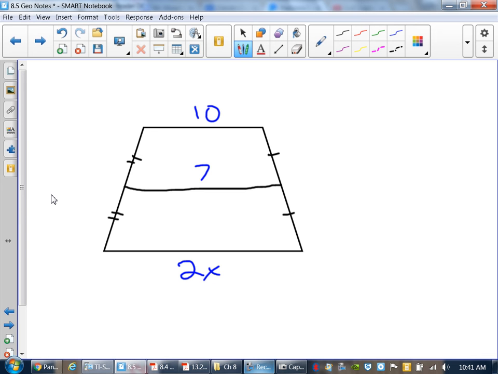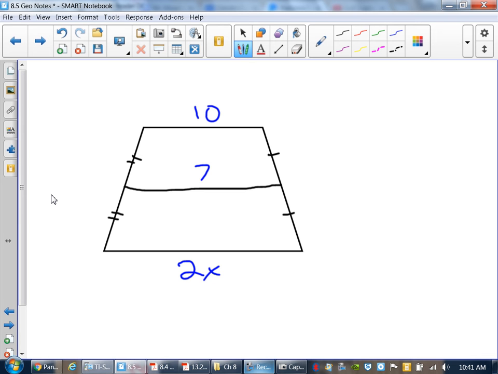I will show you both formulaic ways, and I will show you a way that you can kind of think your way through it. Remember when we did midpoints and missing endpoints a long time ago where we just counted up and down? We can do the idea of thinking through a lot of these problems the same way, especially if numbers are kind of normal when they give them to you.